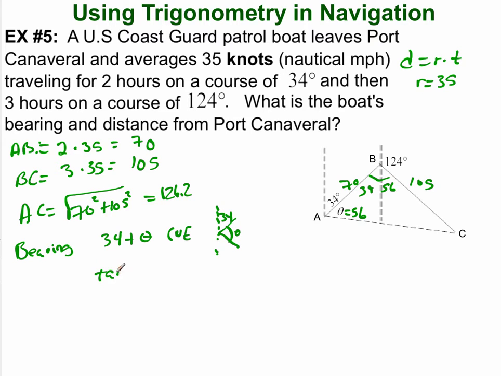So the tangent of theta is 105 divided by 70. Solving this for the angle, theta is approximately 56.31. So the bearing is 34 plus 56.31, or 90.31 degrees northeast.